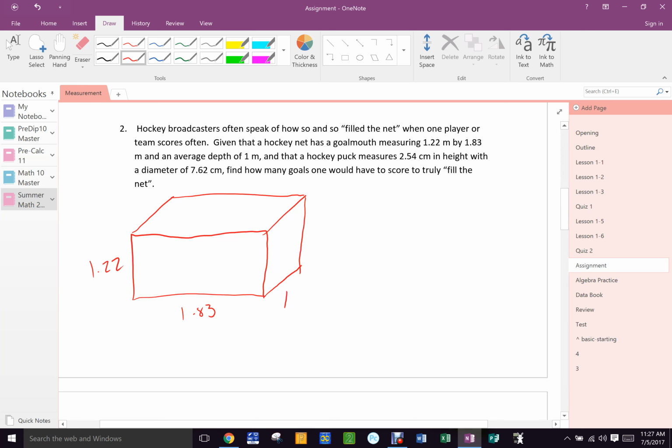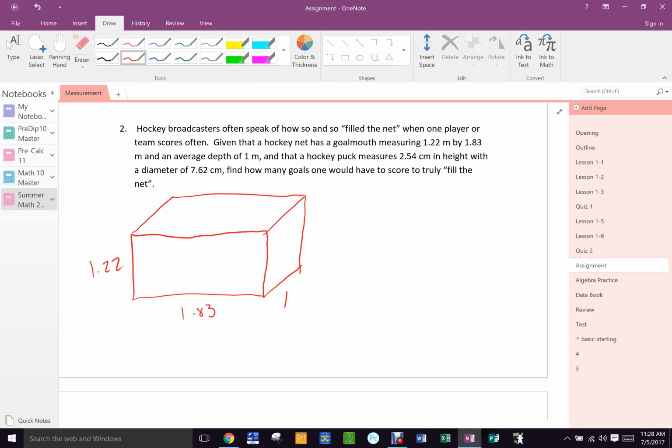So how would I find the volume of that prism? Right. So length times width times height, right? So if I do that times that times that, I'm going to get an answer, aren't I? In meters cubed, right? Now, the pucks are in centimeters, so I would have to convert them, wouldn't I? And then divide. Everyone agree?